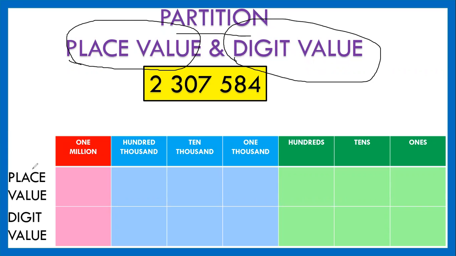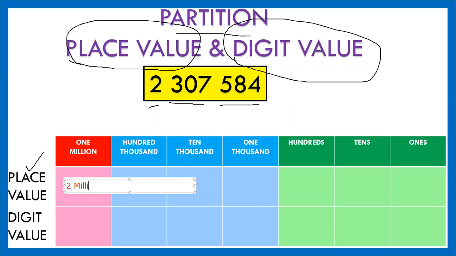So let's look. If I'm going to break this number, 2,307,584, into place value, how will my answer look like? Remember, place value means mention the house. So I will first write the digit. I can use the digit 2, but I will have to mention the house.